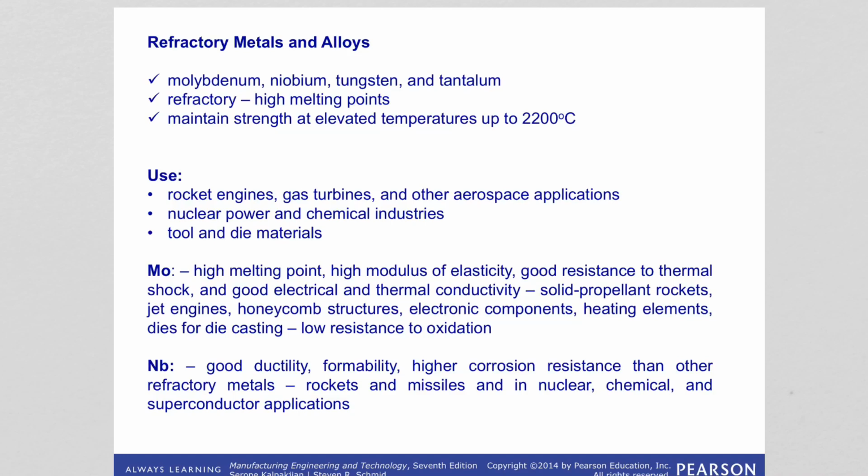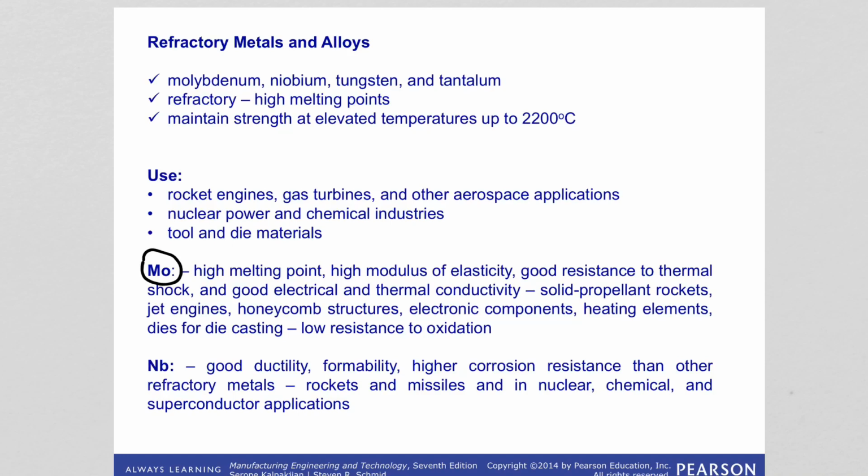Okay, so again, what are refractory metals? We said one of them is molybdenum. And what are the characteristics of molybdenum? It has a high melting point, high modulus of elasticity, good resistance to thermal shock, good electrical and thermal conductivities.